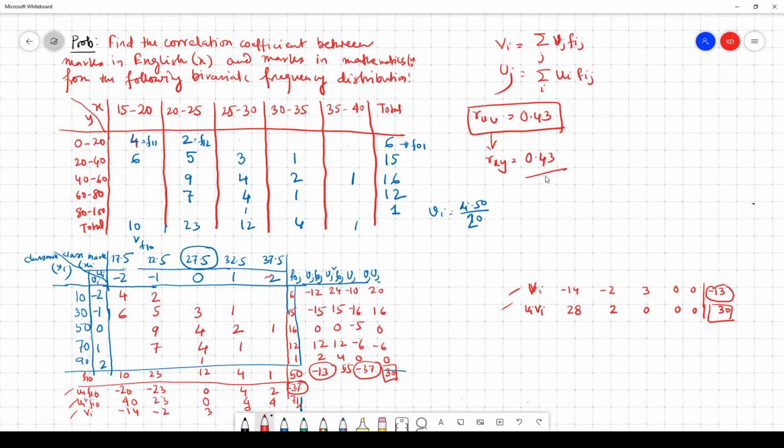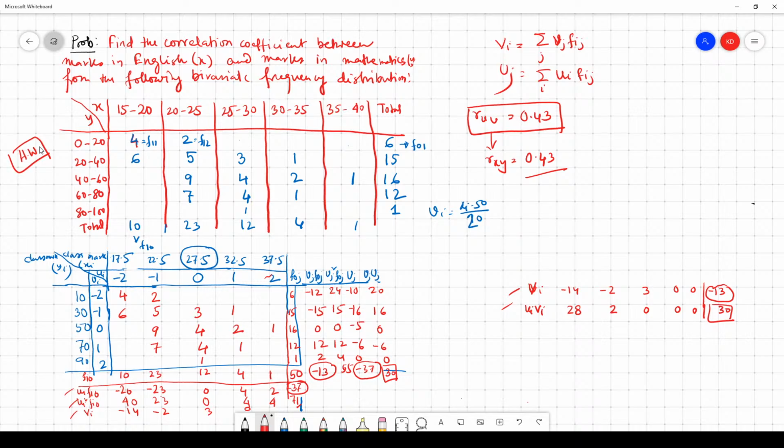So please tell me, have you any queries regarding this computation? You take your time to finish this calculation in your home. So this is your homework. So if you have a doubt, please tell me. Okay. So today now we want to discuss the limitation of correlation coefficient.